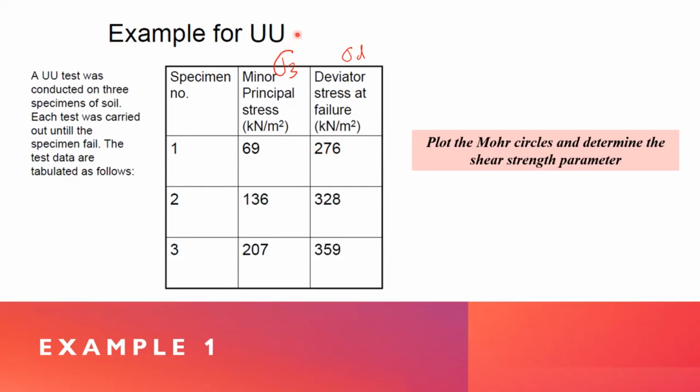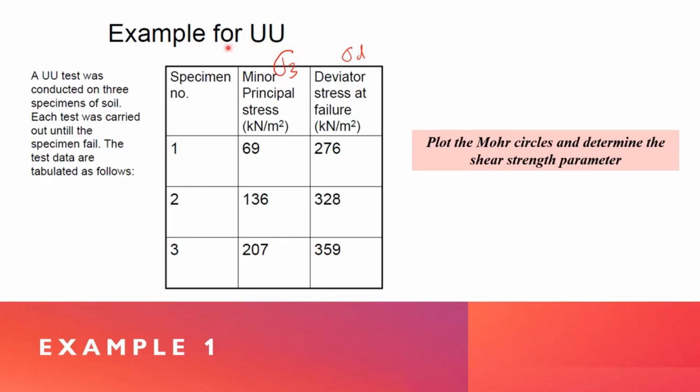First of all, you have to know that this is an unconsolidated undrained test. In this test, during consolidation the drainage valve is closed, so water is not allowed to dissipate away from the specimen. Similarly for the second stage, the loading is applied to the specimens in undrained conditions, where the drainage valve is still closed.